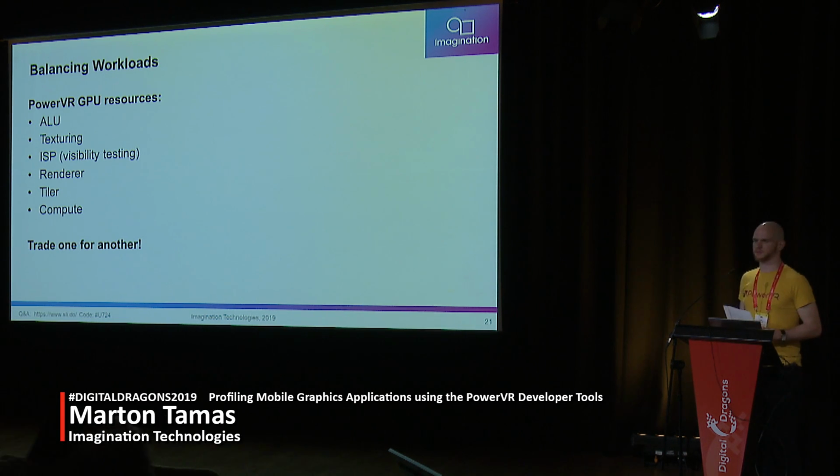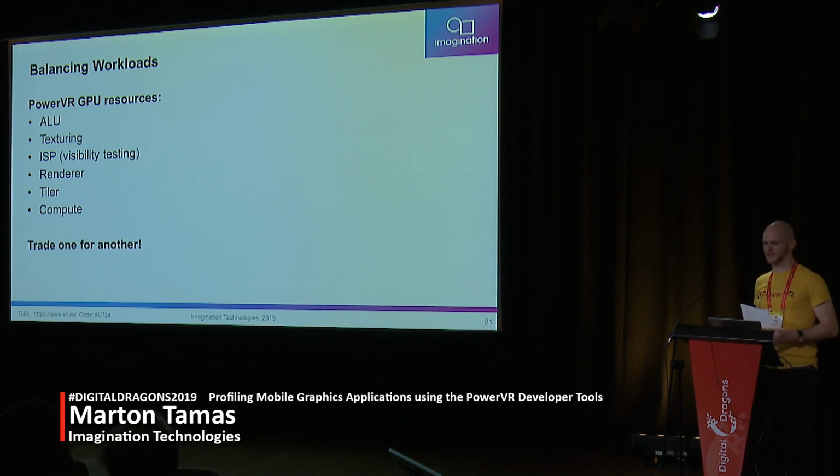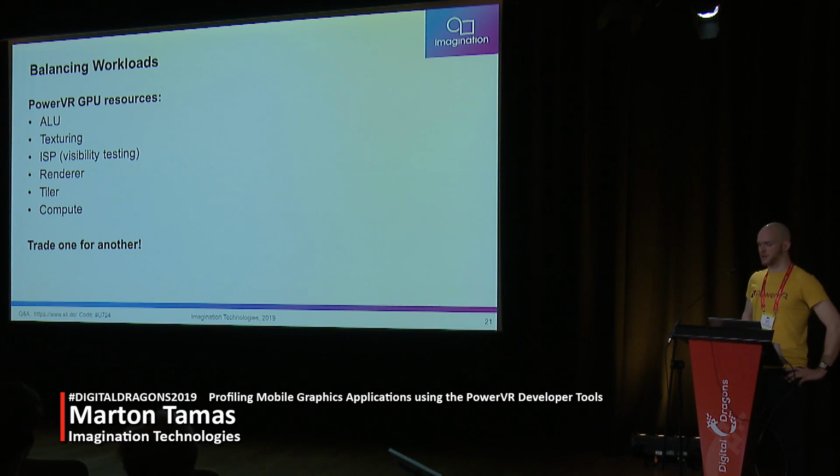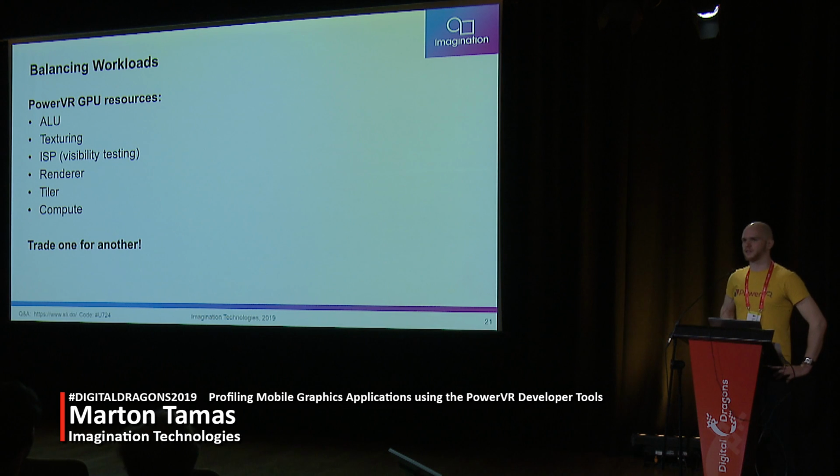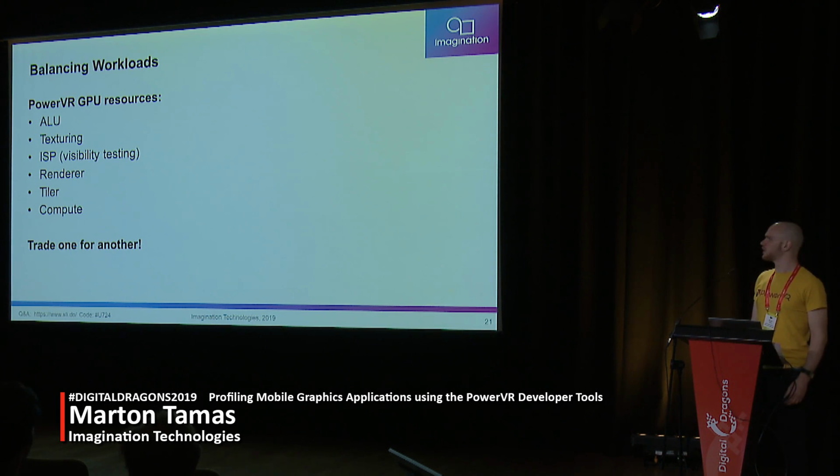You might run into some situations where you've done your due diligence and the application is quite optimized, and there's no really clear way of improving performance without sacrificing visual quality. So in these situations, we recommend looking into whether you can balance your workload. On PowerVR, there could be a number of different ways that you can do that.